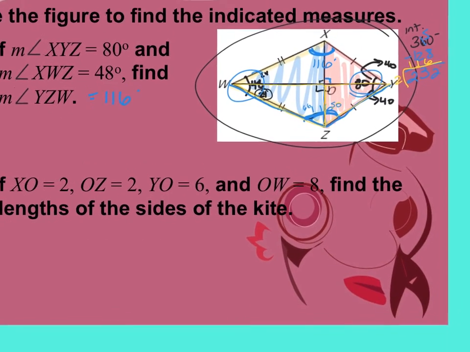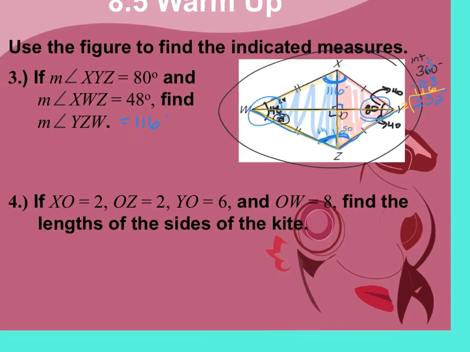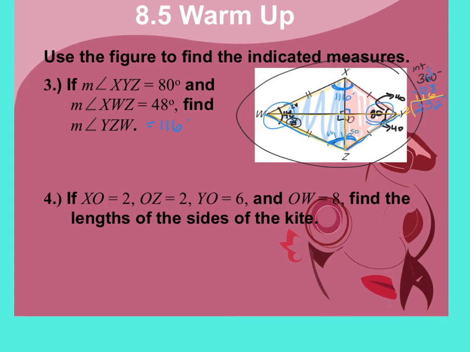Okay, and then number 4 says, actually it says it's a kite, right? So XO, Z. Use the diagram there. Oh, the O is there in the middle. Sorry, I didn't think the O was there. I'm just going to redraw it so that it's neat.